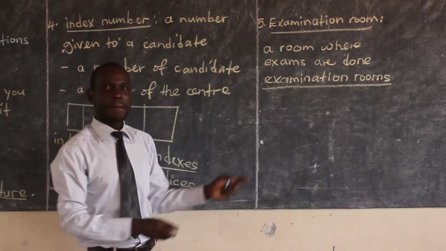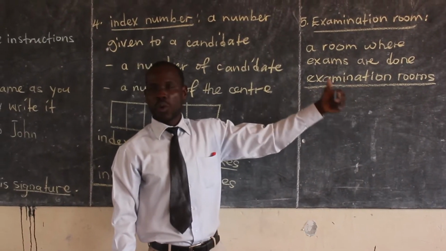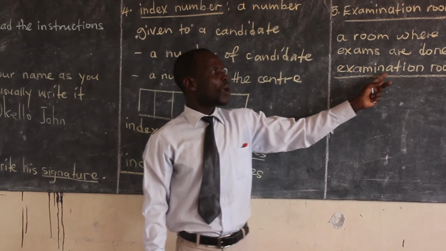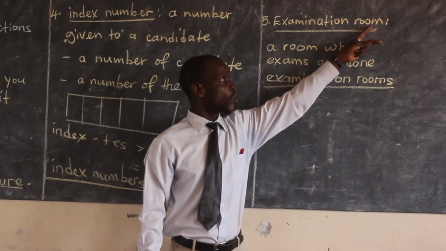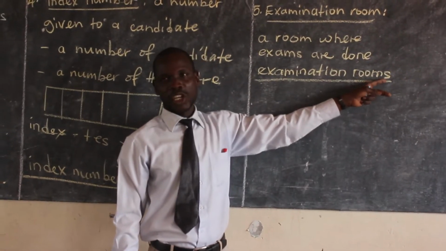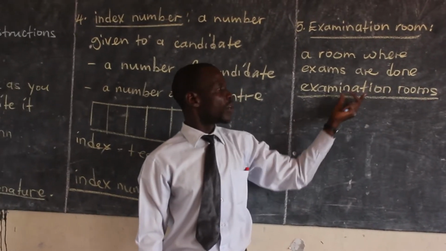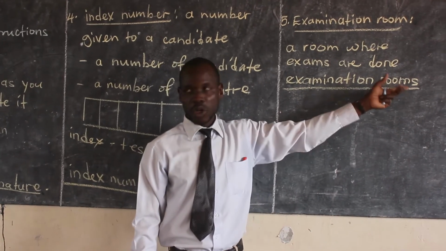Being a compound common noun, we make its plural form by considering the last word. And the last word here is room. So we add the letter S to the word room to form examination rooms.